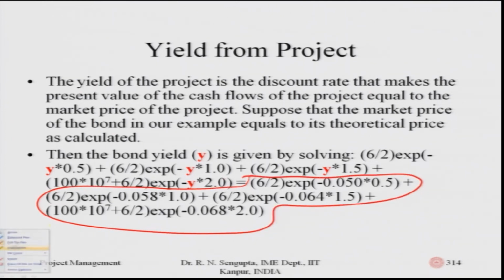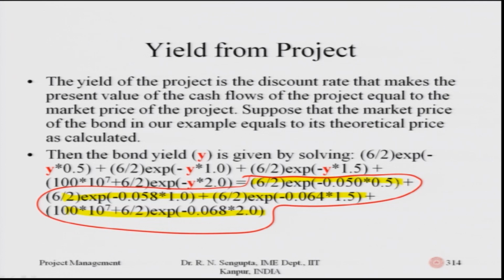This part I will highlight is exactly the same as what we did. 6 by 2 is the semi-annual one, and 0.050, 0.058, 0.064 or 0.068 are the interest rates based on the calculation of the zero rate for half a year, 1 year, 1.5 years and 2 years, and the time frames are given as 0.5, 1.0, 1.5, 2.0.